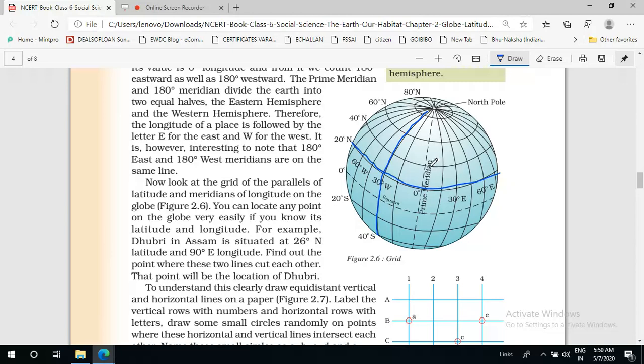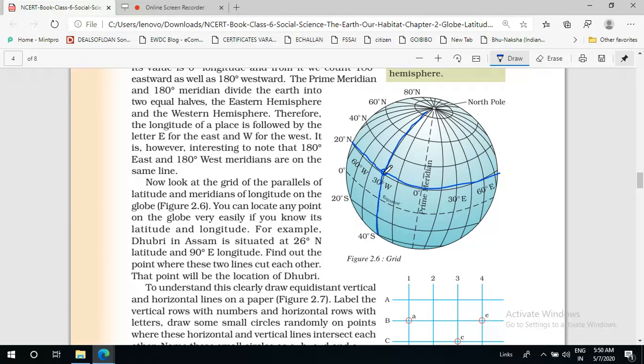Now we can see that these two lines, 20-degree north and 30-degree west, are meeting at this place. This is the place where both these lines are meeting. So the place we were discussing is actually located here. With the help of longitude and latitude, we can know exactly the position of any place.